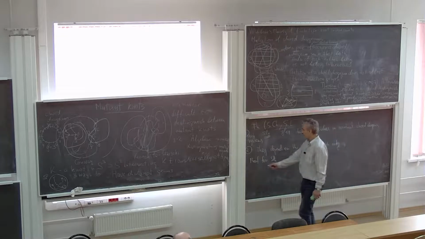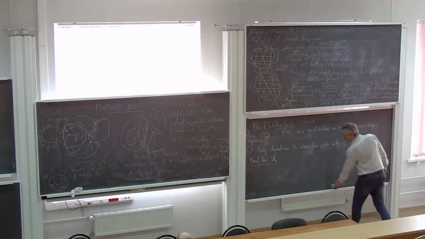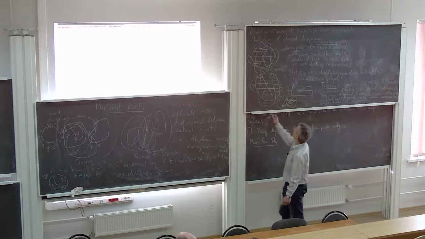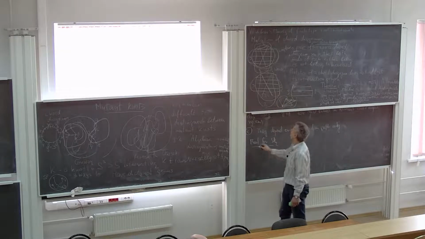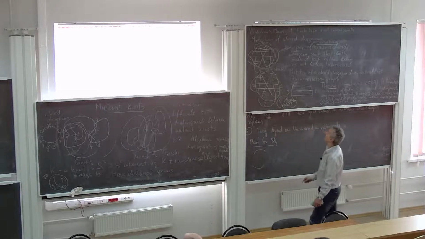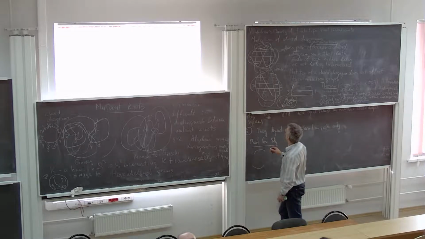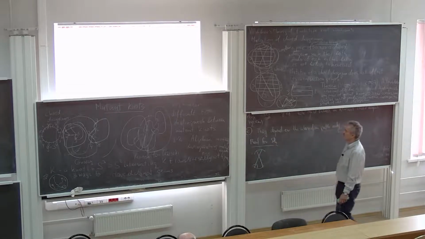Okay, so we compute for the mutant chord diagrams. We take a chord diagram, and we assume that our chord diagram splits as a join of two shares. And let's take one of these two shares, for instance, this one.